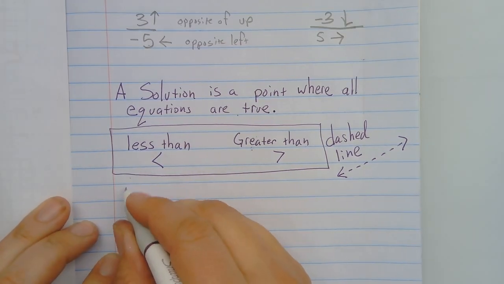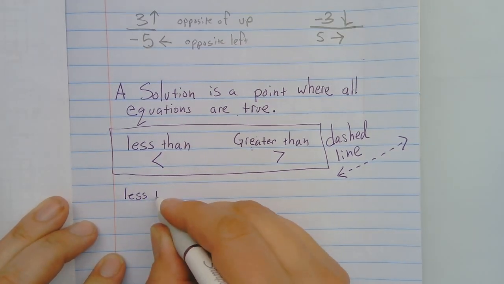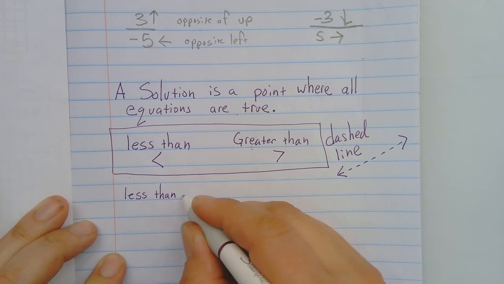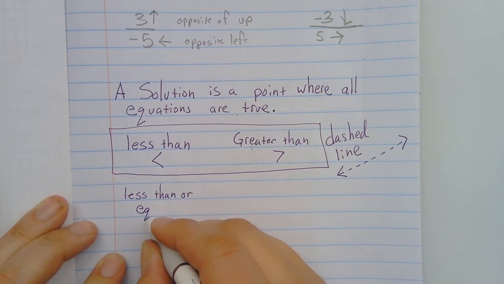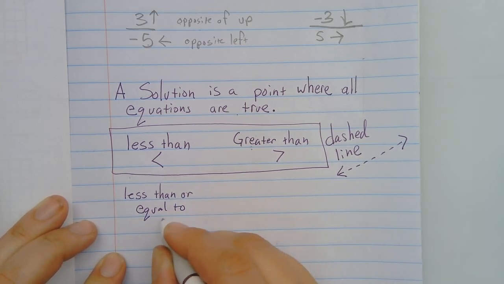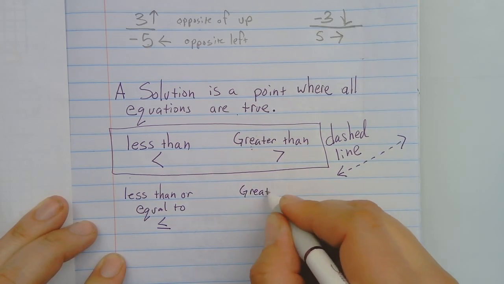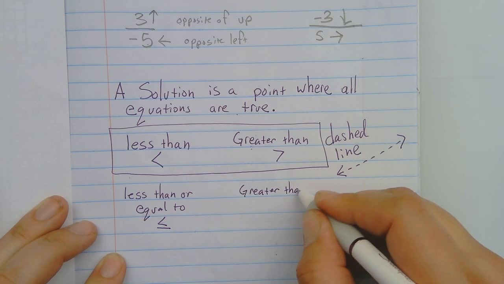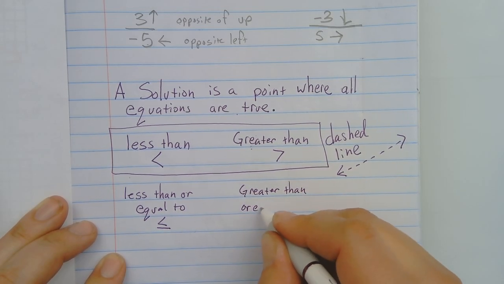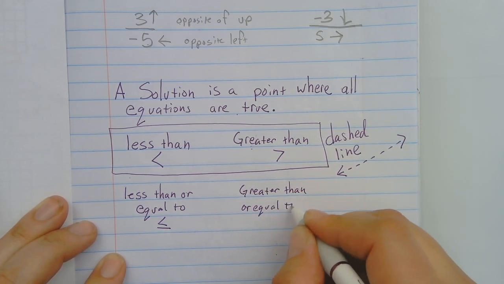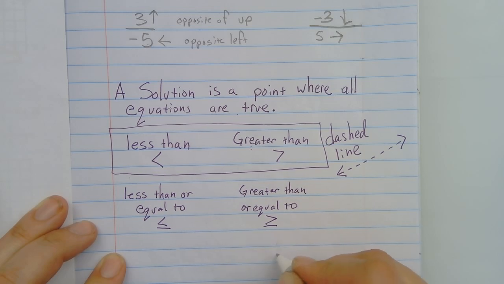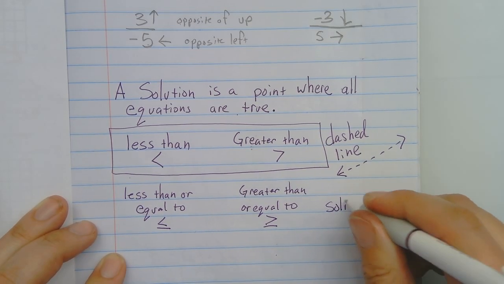If you have a less than or equal to, or a greater than or equal to, then it is a solid line.